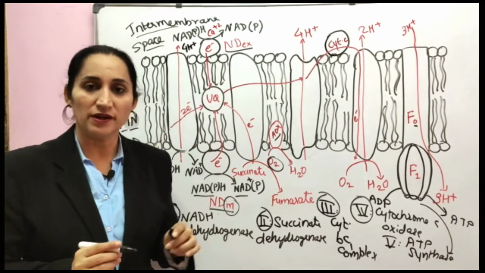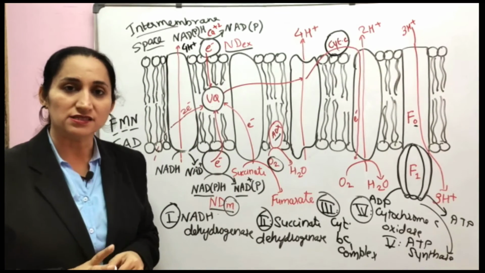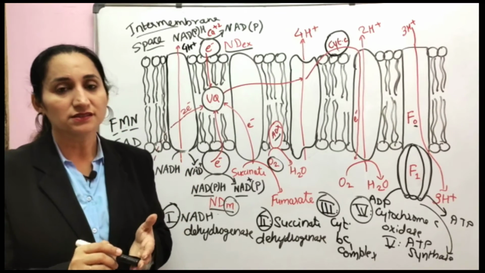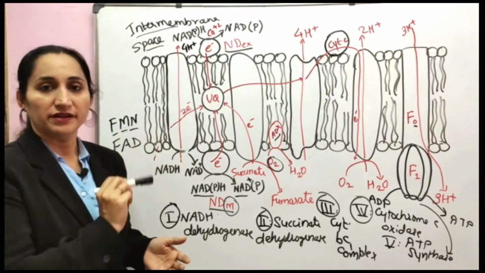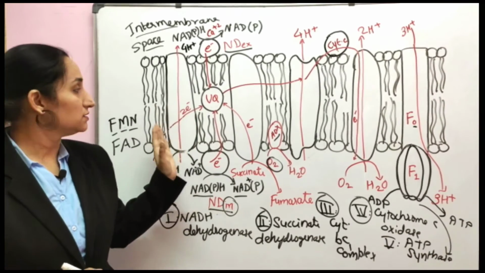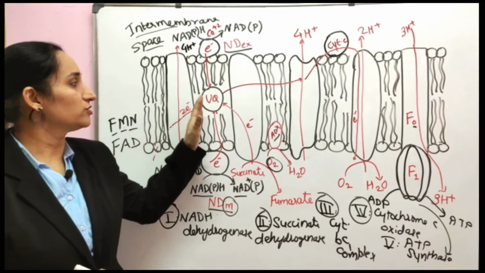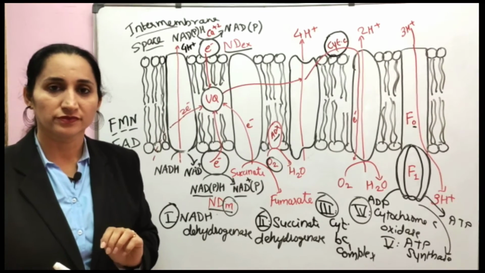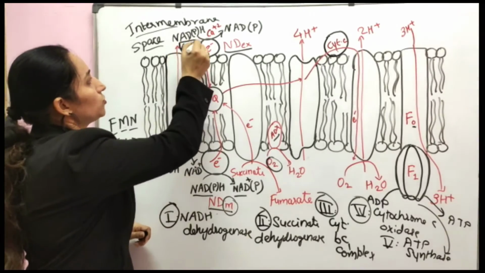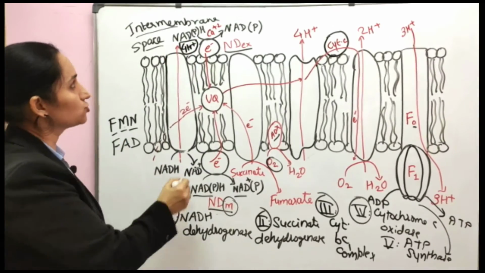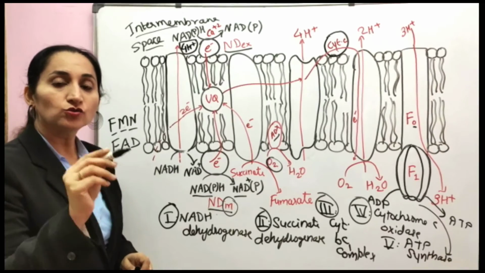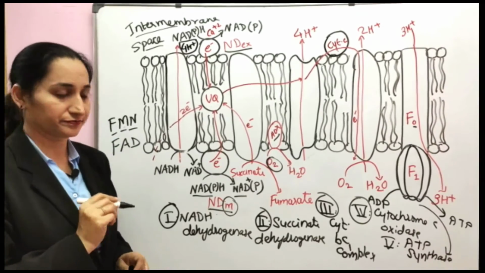This first complex contains electron carriers which are iron sulfur centers and tightly bound FMN. In this complex, NADH is oxidized and these electrons are then transferred to ubiquinone. Along with it, 4 protons are pumped from the matrix to the intermembrane space. Why are protons pumped? To create a proton gradient.